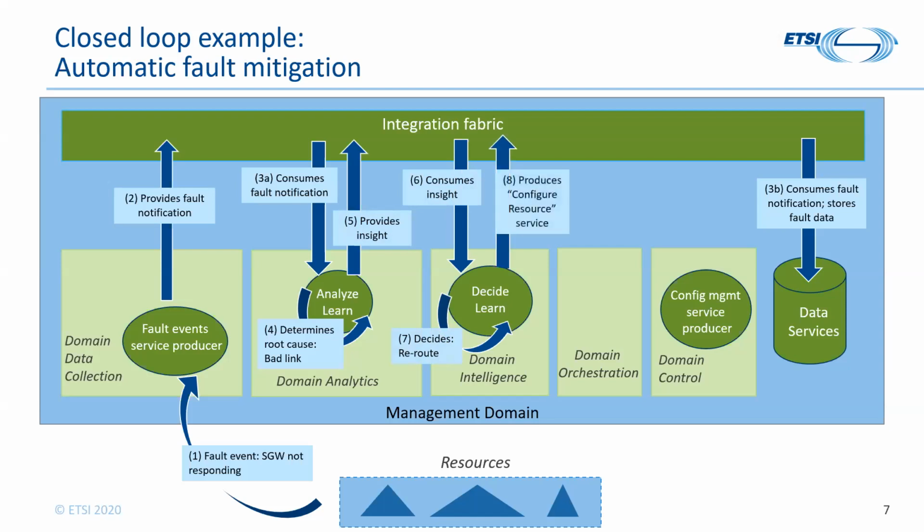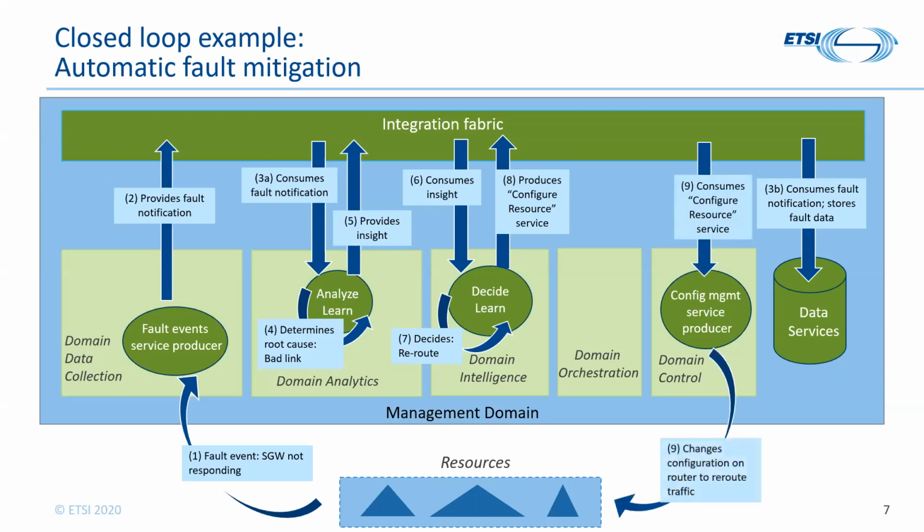The domain intelligence produces the configure resource service, and the domain control consumes the configuration instruction, and it executes the configuration changes on the managed entity. In this case, it could be the router to reroute the traffic.